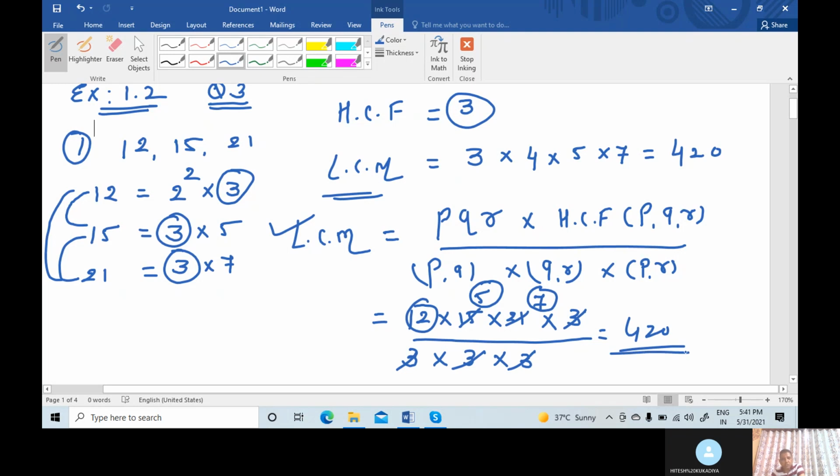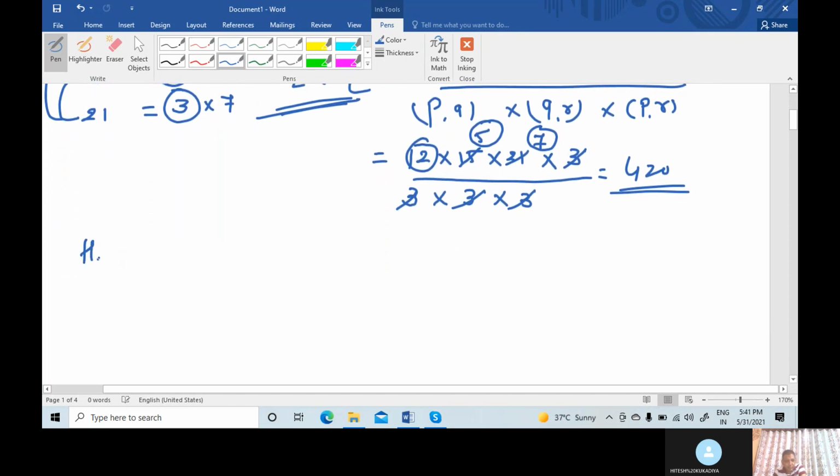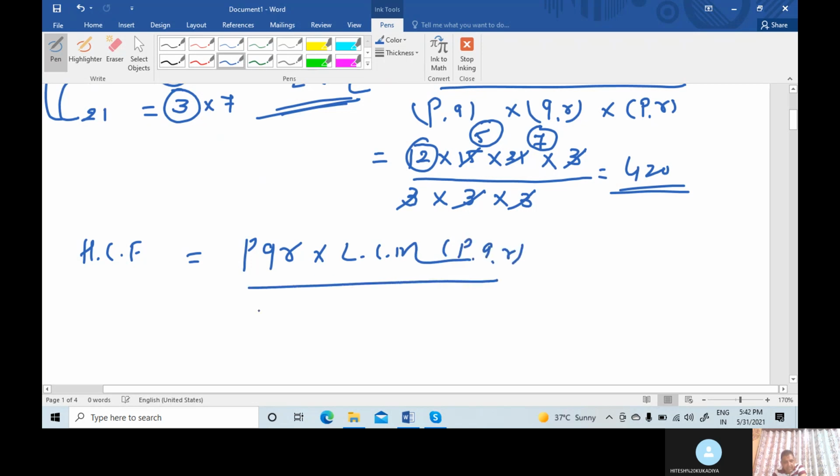You can find the HCF also by applying this method. Look here, we explain it. The HCF of 3 numbers is equal to PQR multiplied by the LCM of PQR, divided by the LCM of PQ, LCM of QR and LCM of PR.